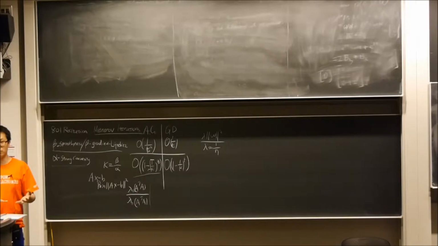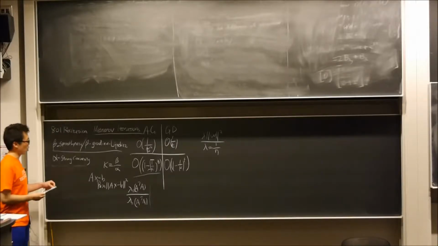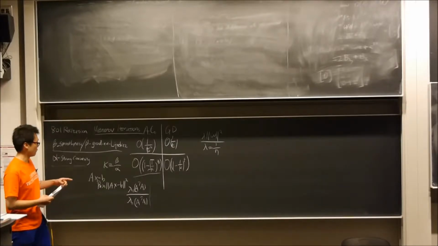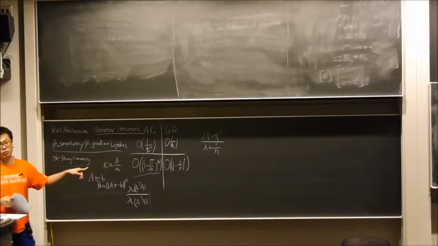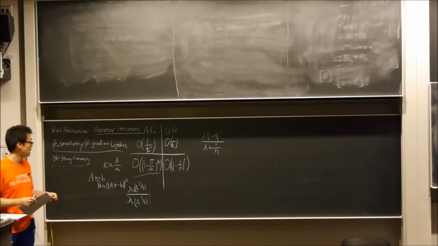It is always preferable to use an accelerated version of gradient descent, but we do need to know some parameters in order to use it successfully. For instance, we need to know this smoothness parameter beta in order to set the step size. That is the same as in gradient descent, but in gradient descent we have all sorts of other tricks like backtracking line search in order to find something that always converges to the optimal solution.